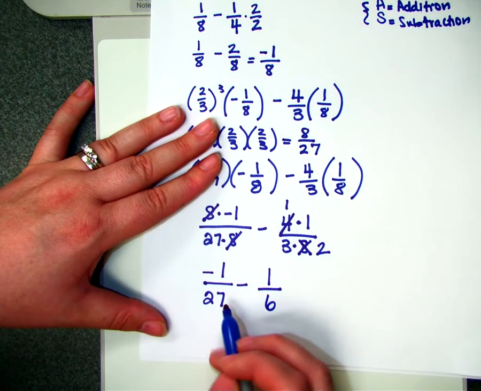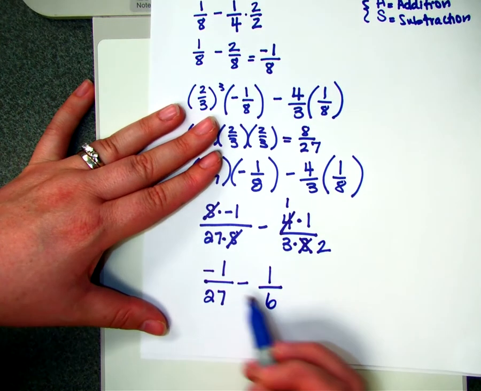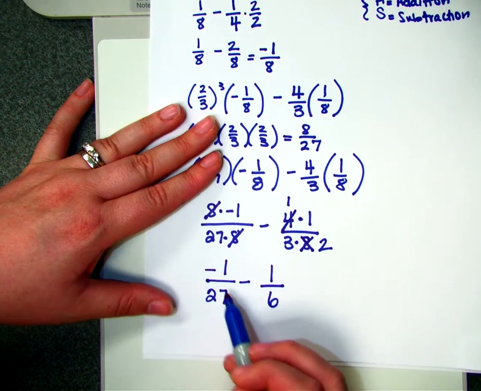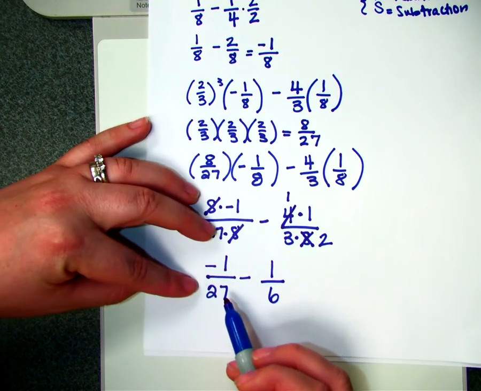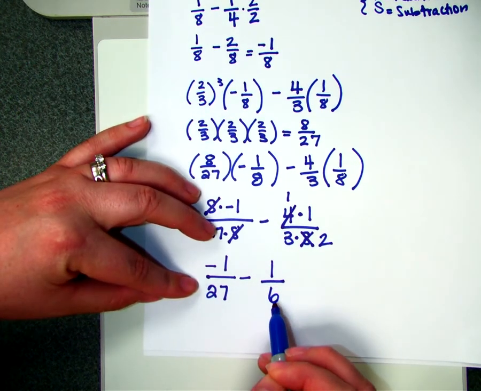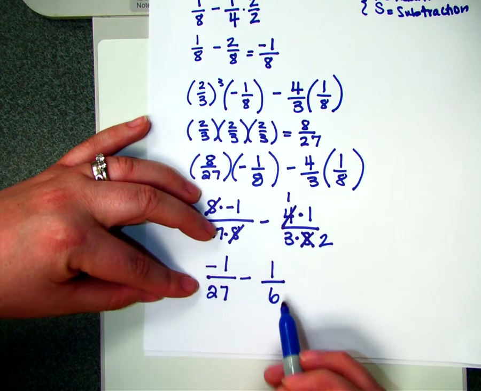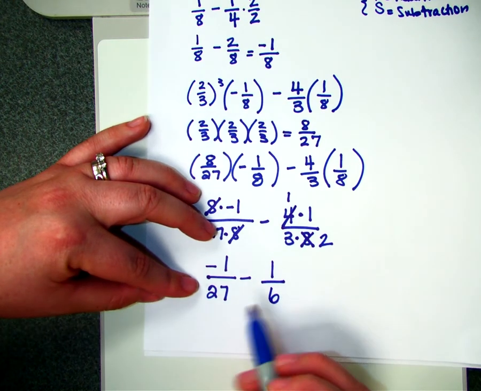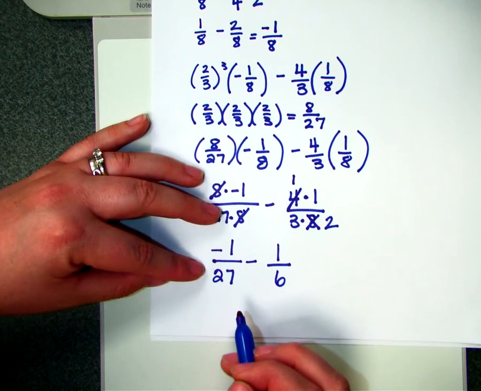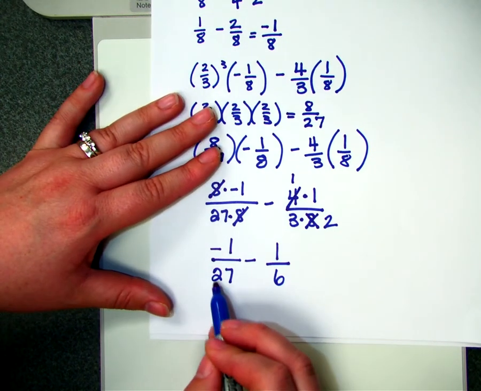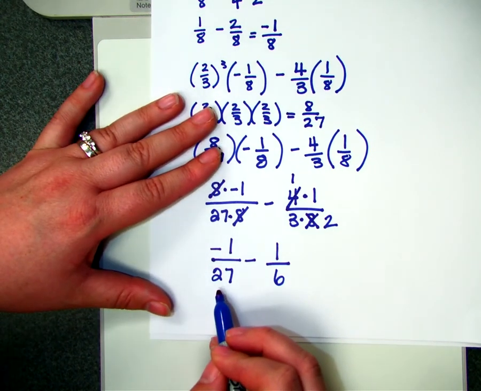When you're looking for common denominators, you're almost always going to have to go up. So 27 would be the absolute lowest number that we would use as a common denominator. But 6 will not divide into 27. So we have to look for something that 6 will divide into and that 27 will also divide into. If we multiply 27 by 2, we get 54.